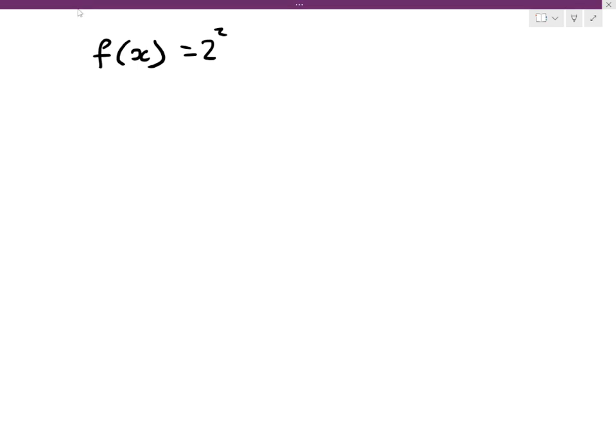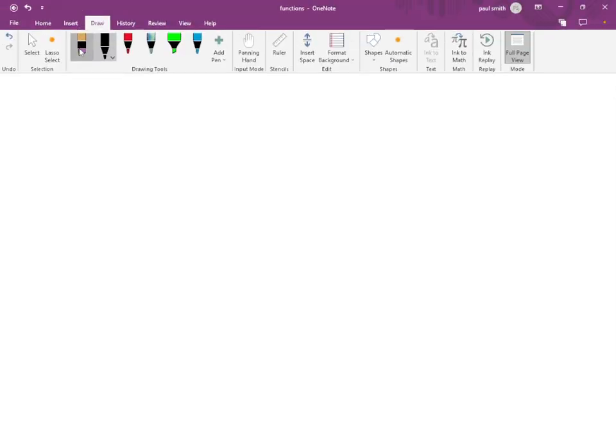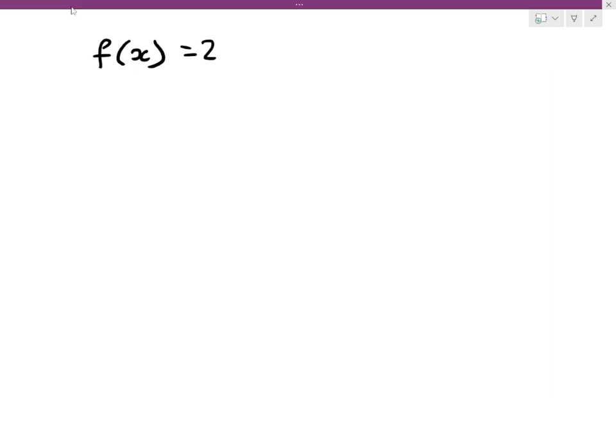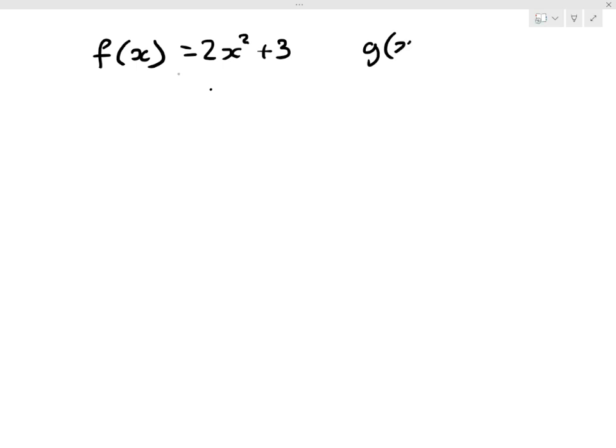Last one for this little video is this one. Let's come back. I forgot to write the x. f of x is 2x squared plus 3, and the g function is the square root of 2x minus 6.